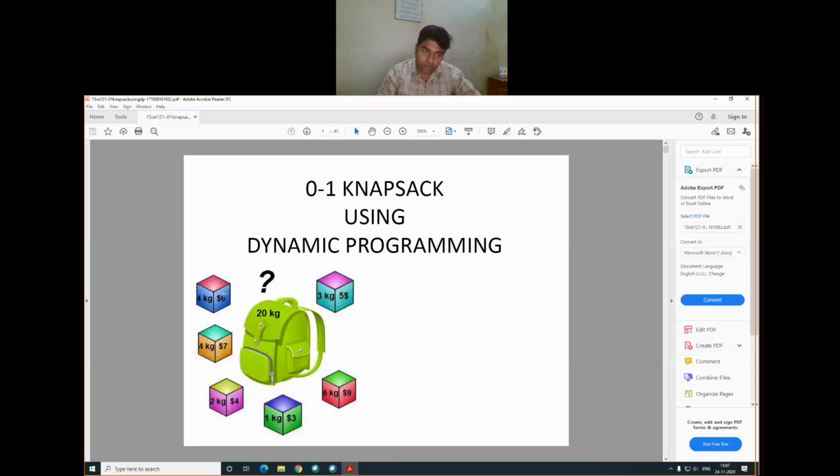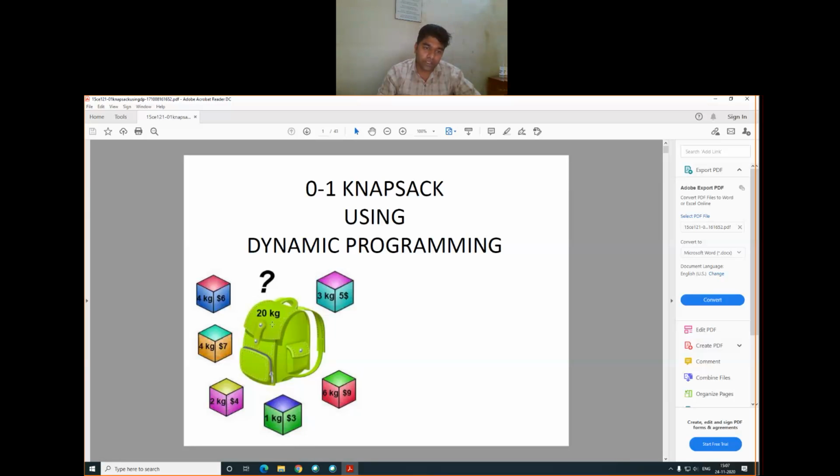Each item also has a profit associated with it. The first item has a weight of 4 kilograms and a profit of 6 rupees or dollars. So every item has an associated weight as well as a profit.